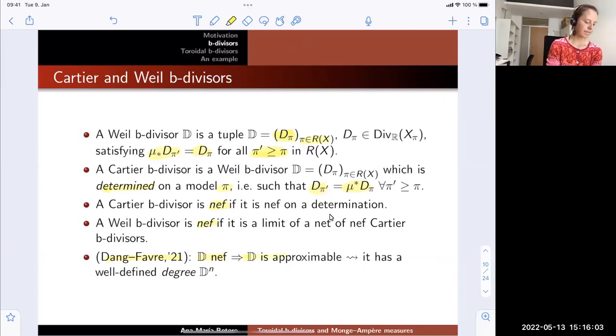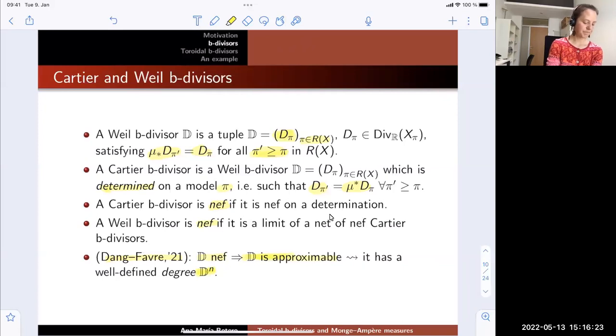So this is being approximable, and hence it has a well-defined degree by defining the degree just as the limit of the degrees of the Cartier b-divisors in such a monotonic sequence. So this is good.